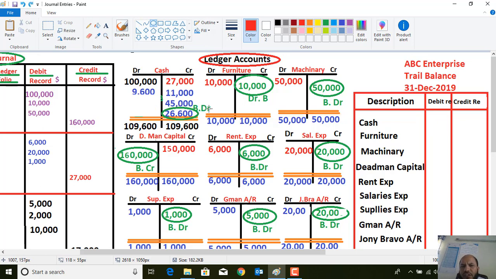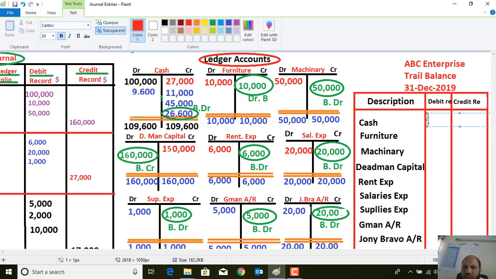This means that this amount, which is 26,600 rupees, we will record at the debit side. So I will write down 26,600 rupees as a debit balance, and this is our amount for cash. Now we will go towards the furniture.